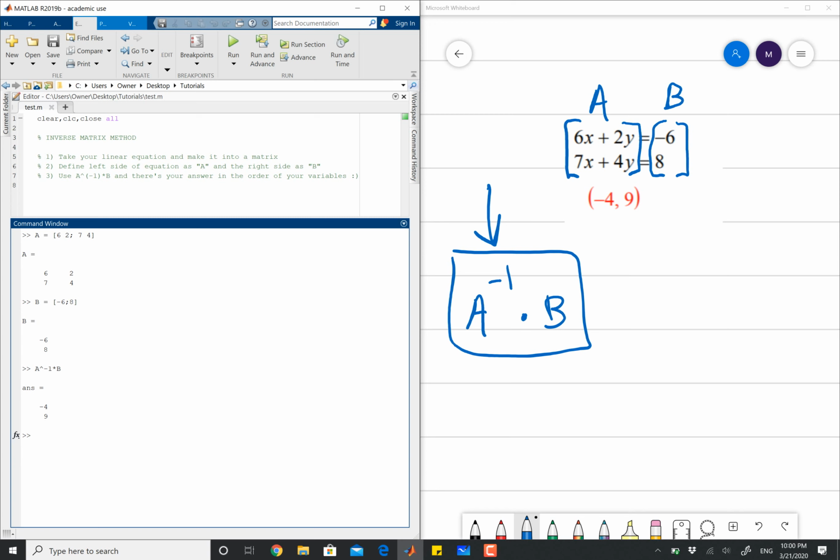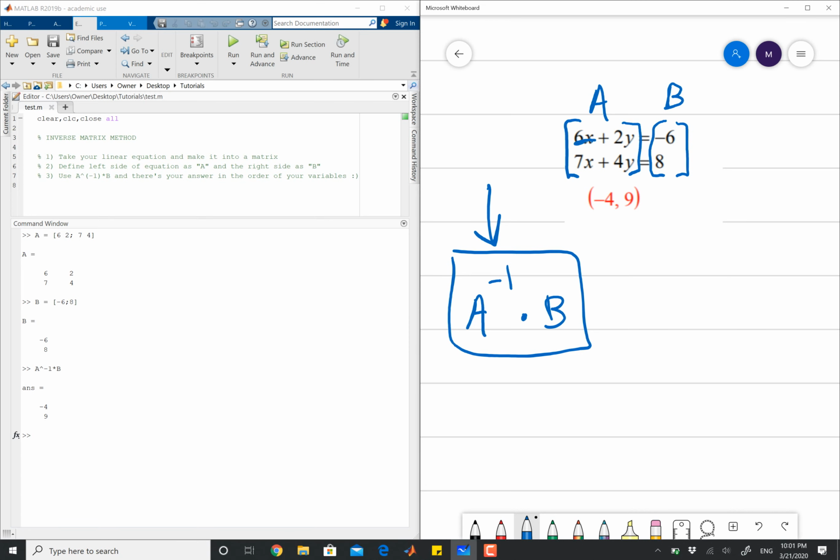You may be asking now, which one is my x and which one is my y? That's a really good question. MATLAB always gives you your answers, your variables, in the format that it was given to you. If you started with a 6x here, that -4 is going to be your x, okay? If you had a 6y here, that -4 would have been your y.